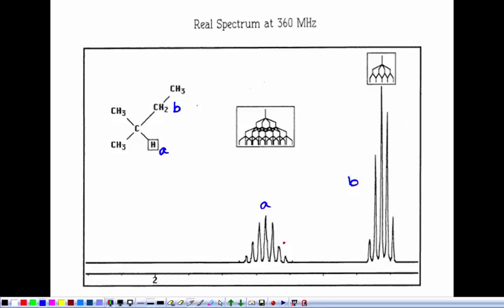The chemical shift would be the same, but the hertz difference would be less. And if the distance between the peaks becomes approximately the same as the coupling constant, you don't get a nice spectrum like this. Instead, you get this.